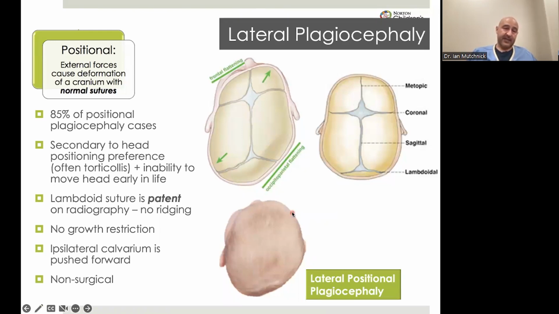Often this is secondary to head positioning preference, sometimes torticollis, and again, the inability to move the head early in life. The lambdoid suture is patent. If this comes to my office, I usually do not need any radiography, so don't feel obliged to do that before you send them to us. And again, there's no growth restriction. There's just a time pressure curve that can translate through the ipsilateral side of the head.